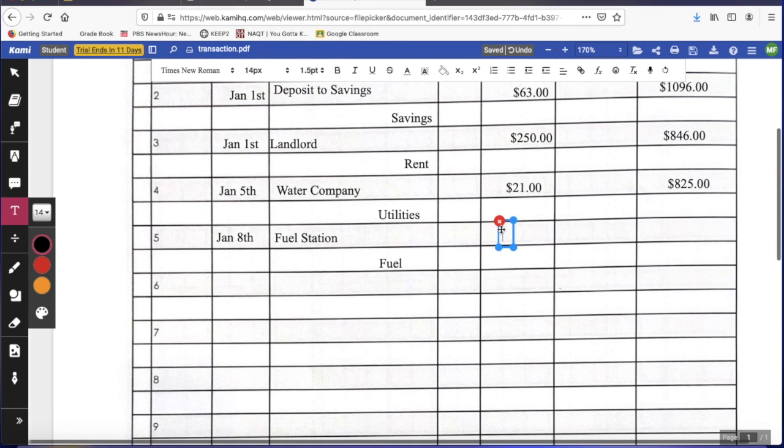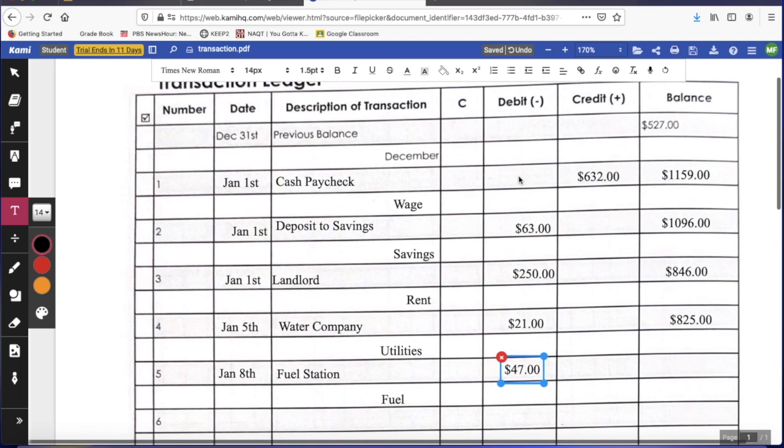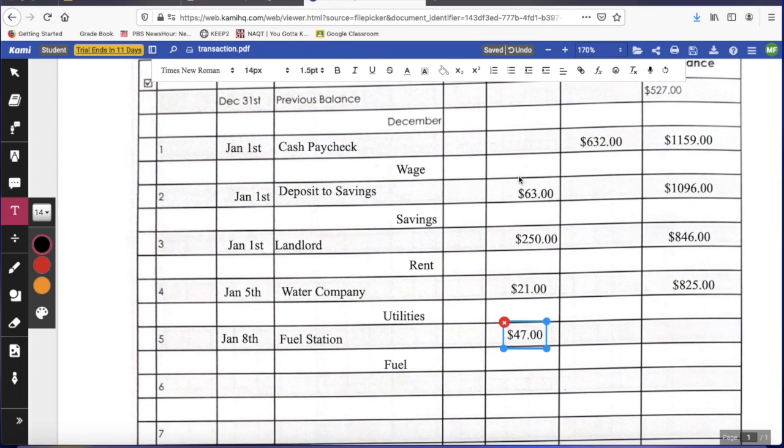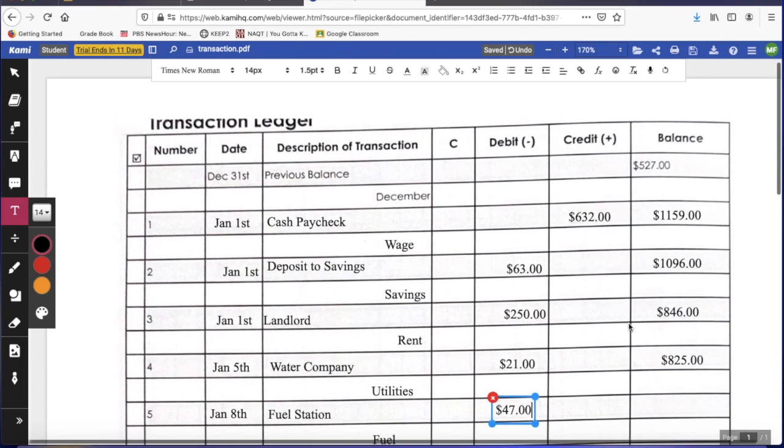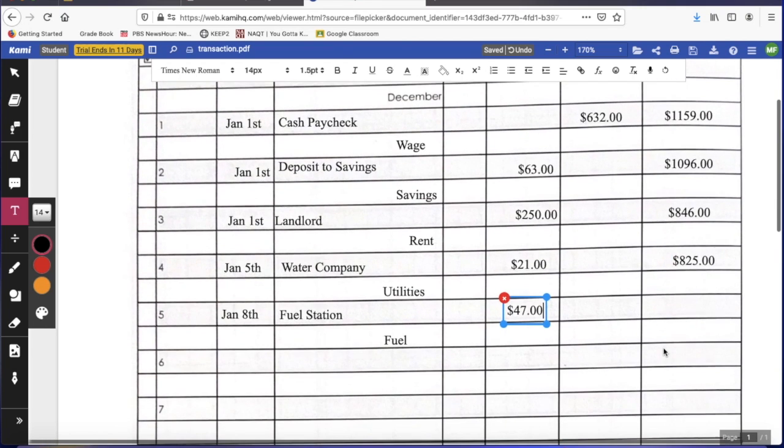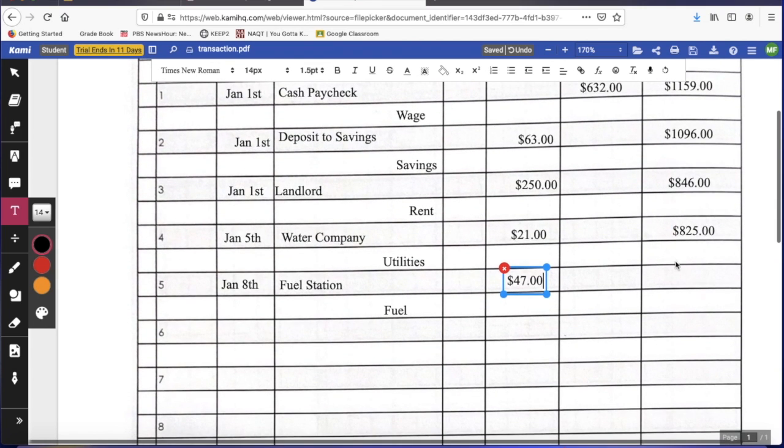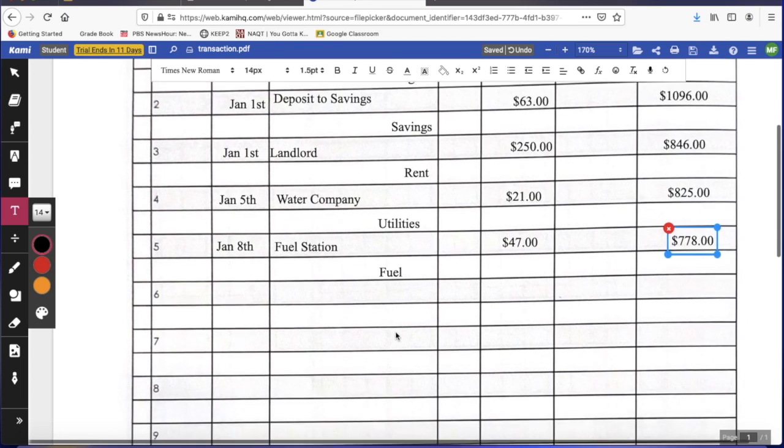And he spent a whole $47. Again, this is in the debit column, so you're going to need to subtract that from your balance total. So $825 minus $47 is $778 for his new balance.